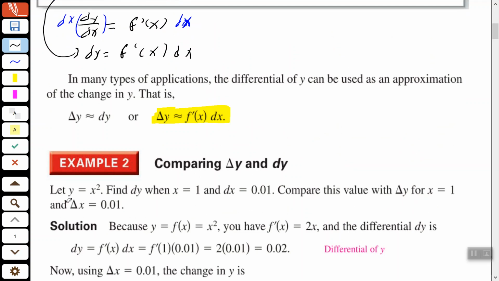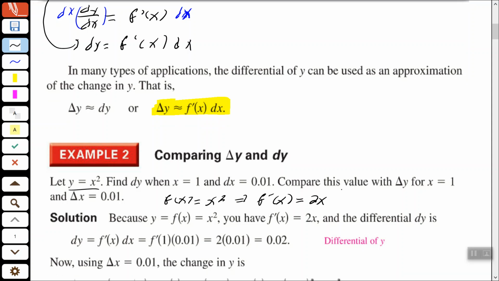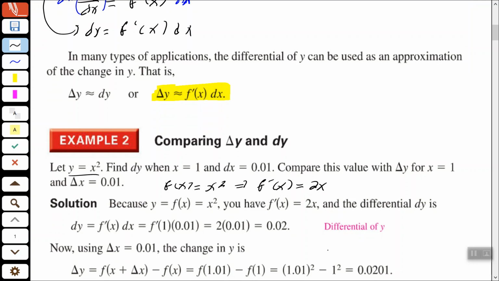So if f of x equals x squared from the original function here, then f prime of x equals 2x. If we want to find the differential of y, we multiply the first derivative of the function by dx.